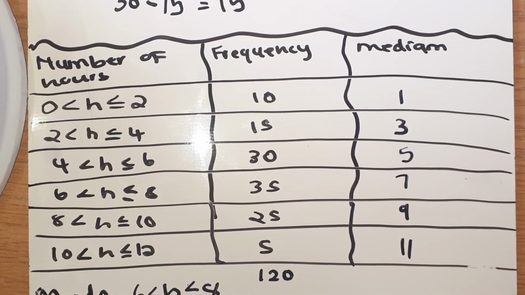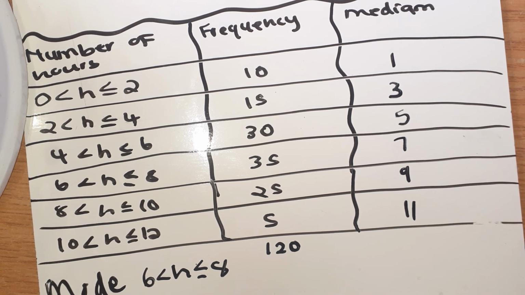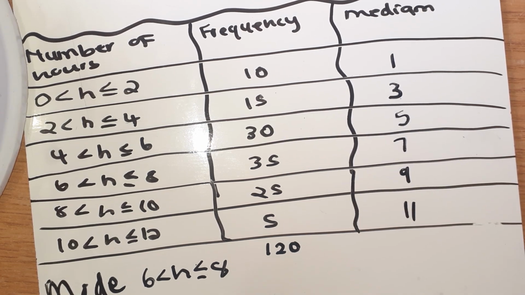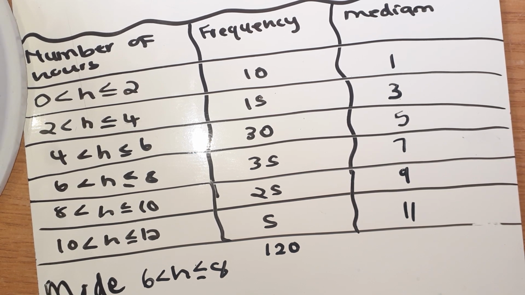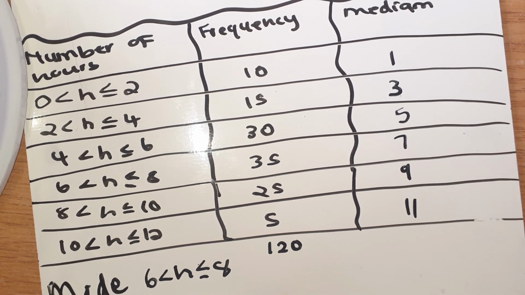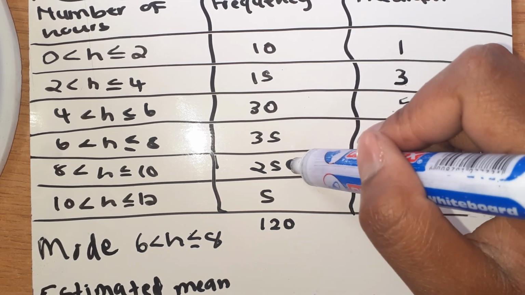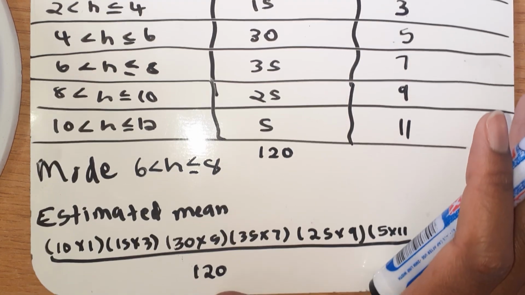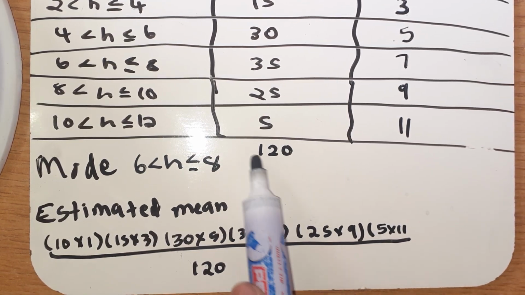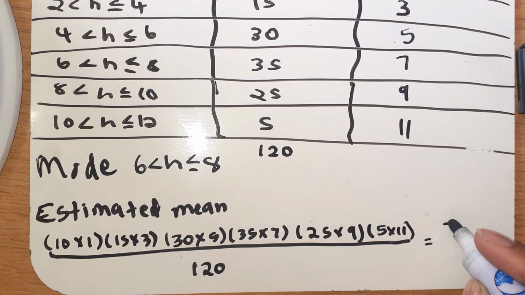So for you to get the estimated mean, you have to start by saying 10 times 1, 15 times 3, 30 times 5, 25 times 7, 25 times 9, 5 times 11, and that all will be over this total of the frequency, 120. On the top, you should have 730.